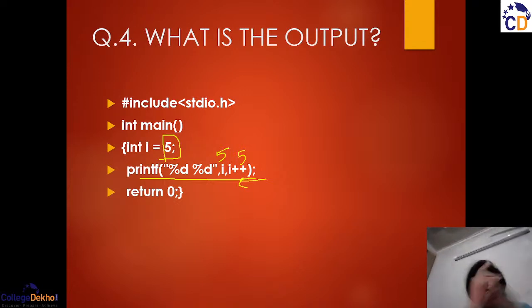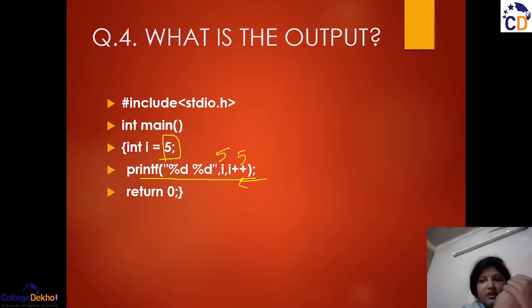Whereas with the pre-increment or pre-decrement operator, first it performs the operation, then it assigns the value. In post-increment, after the execution of this particular part, only then is it going to perform the increment or decrement part.